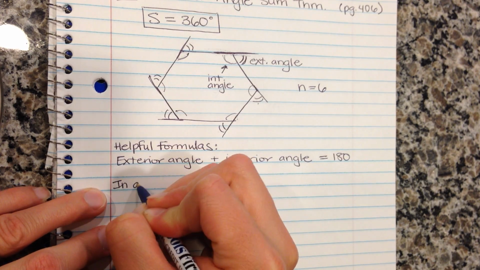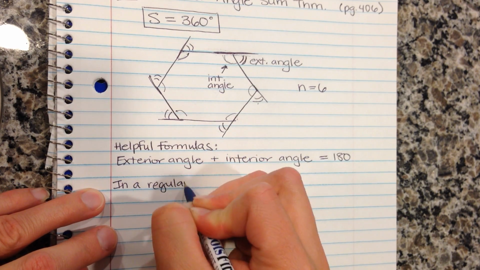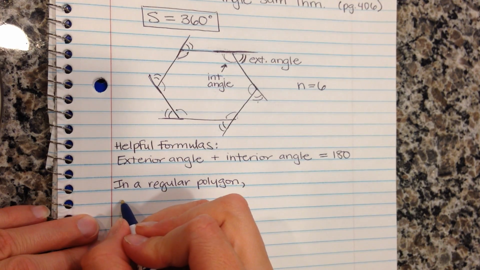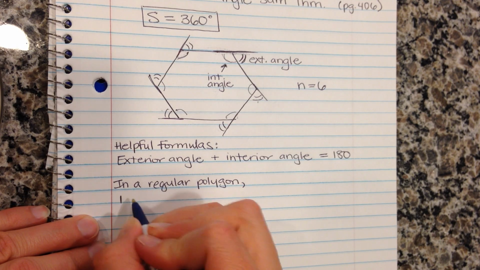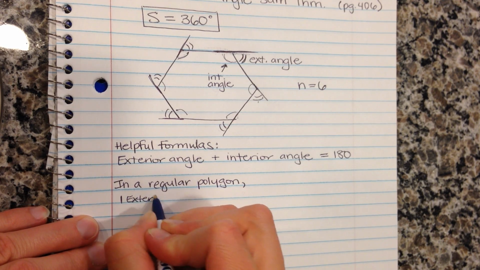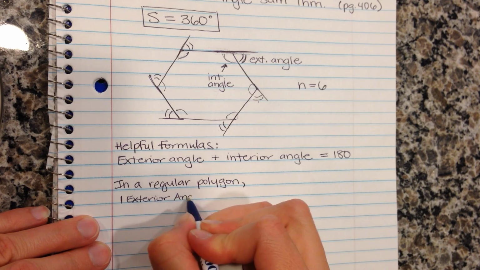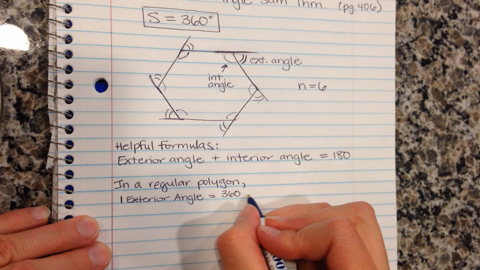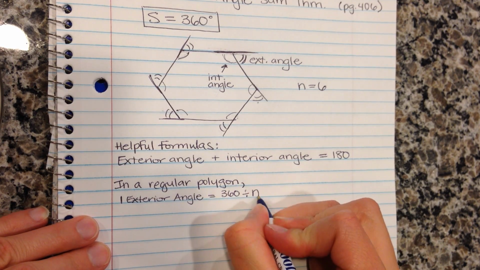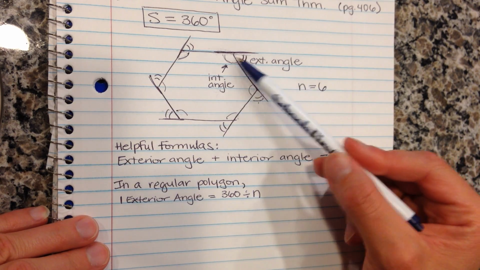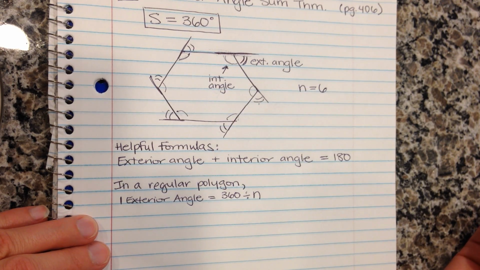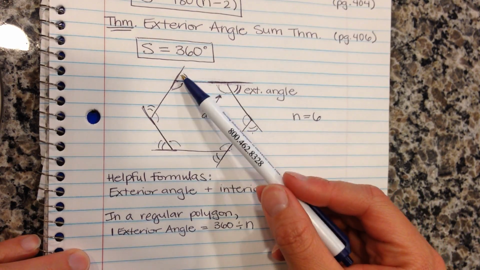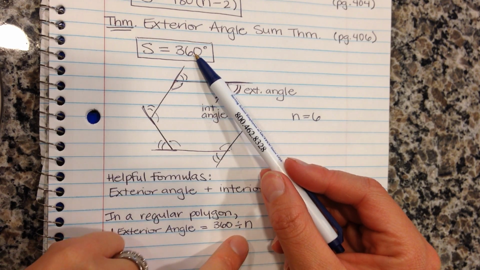So in a regular polygon, one exterior angle is equal to the 360 degrees that they all add up to, divided by the number of sides, because the number of sides is also the number of exterior angles. With that same sense, all it is is the sum divided by n.